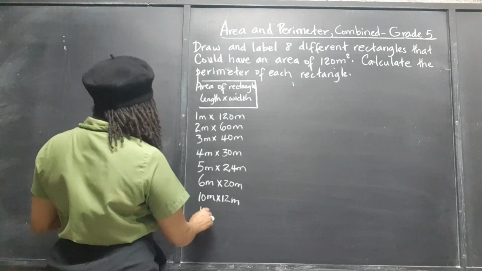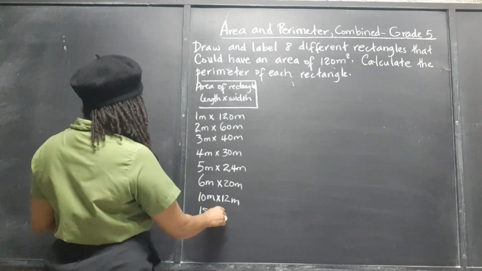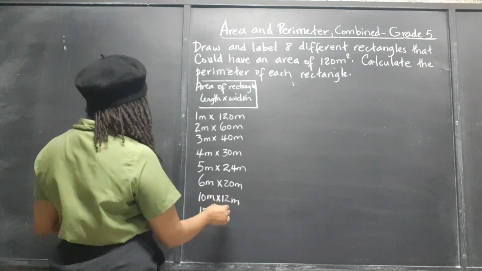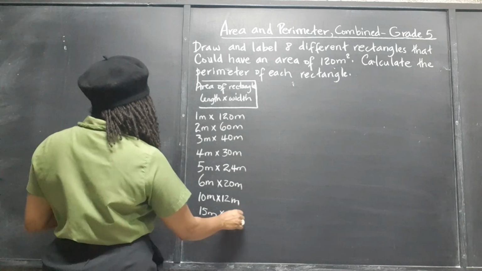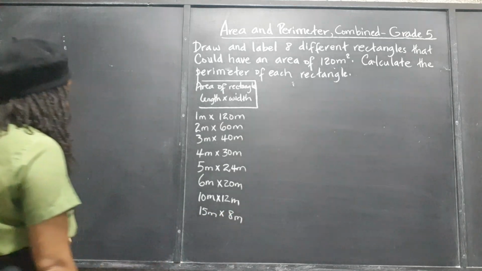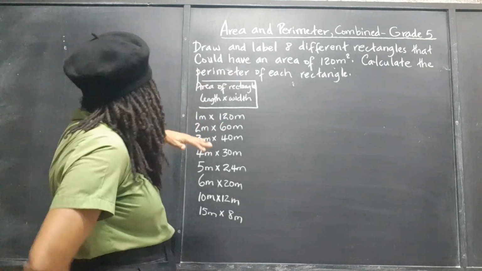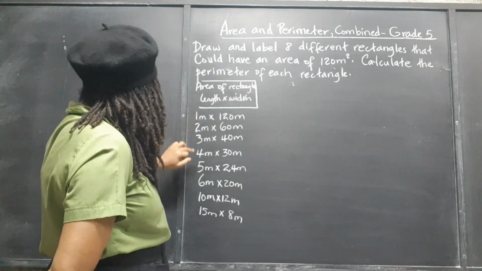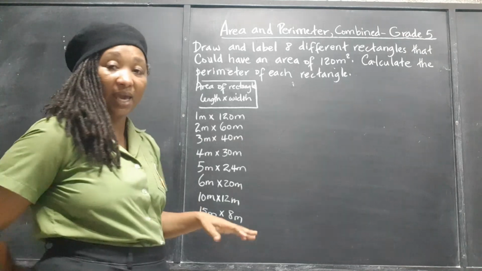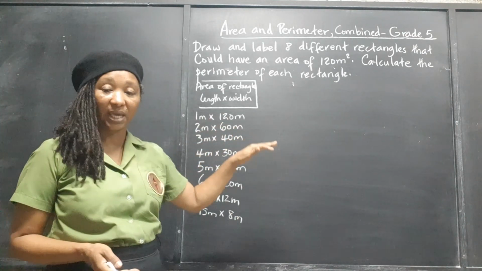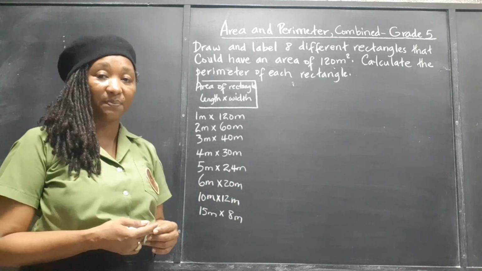So 15 times 8. Alright, so they asked us for 8, so that's 1, 2, 3, 4, 5, 6, 7, 8 pairs of factors that when we multiply them we get 120 meters square.